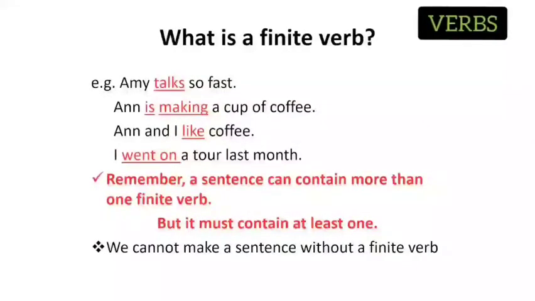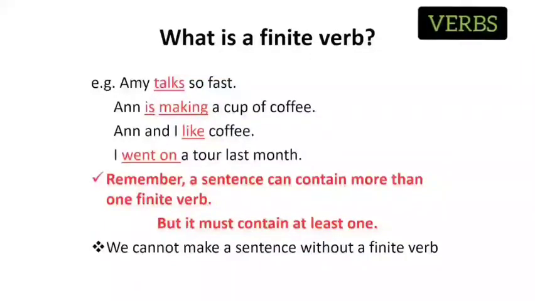First one, you see: Amy talks so fast and is making a cup of coffee, and I like coffee. I went on a tour last month. So you can see the sentence contains more than one finite verb, but it must contain at least one finite verb.